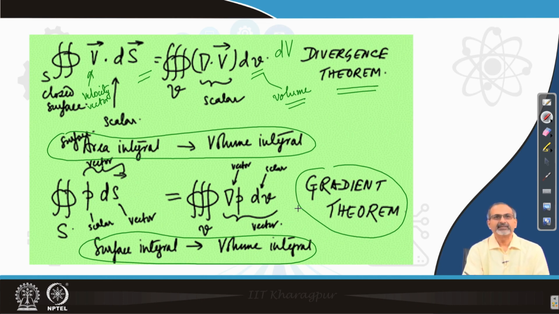So, let us say if the scalar is pressure, then pressure integrated over the surface would give you the volume integral of the gradient of pressure over that particular volume, which is enveloped within the surface area. Therefore, these three theorems give us ample scope to move back and forth between different types of integrals: line, area and volume.